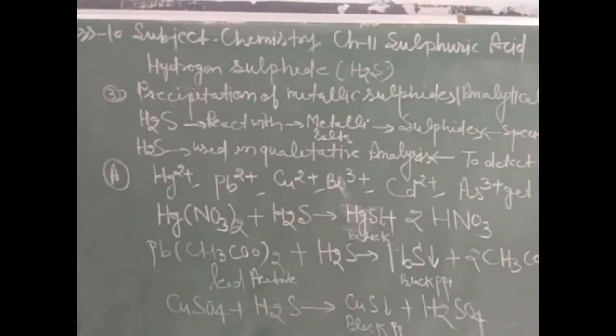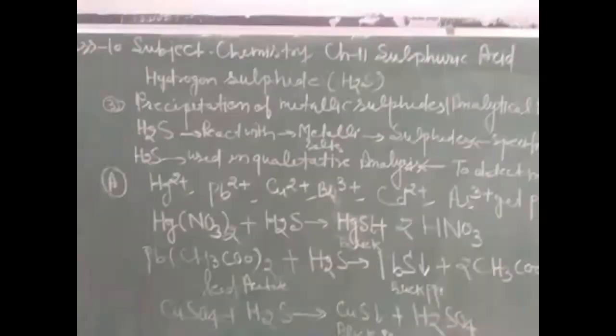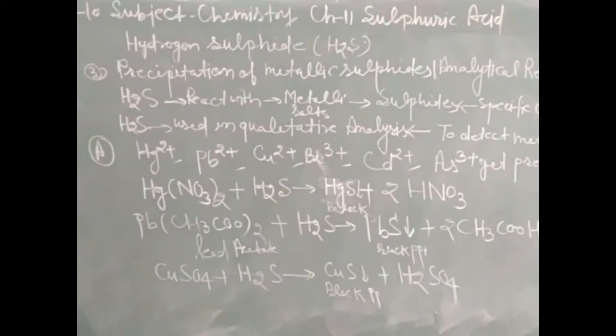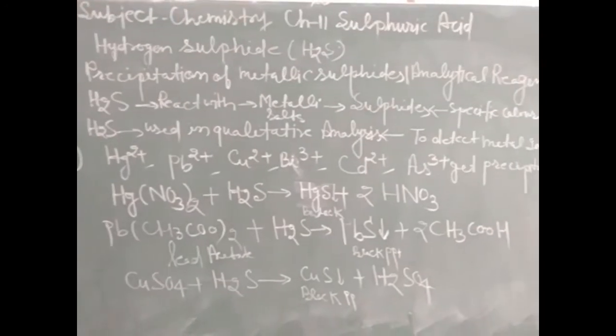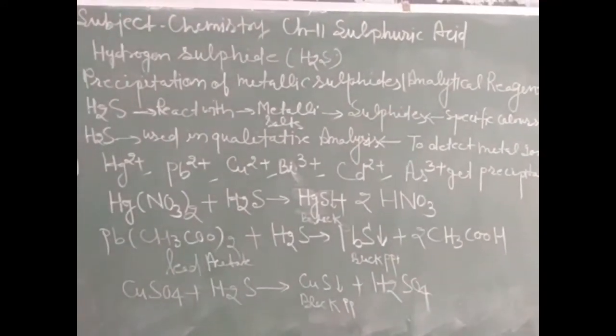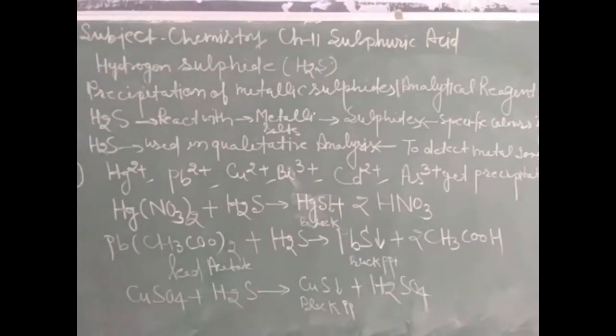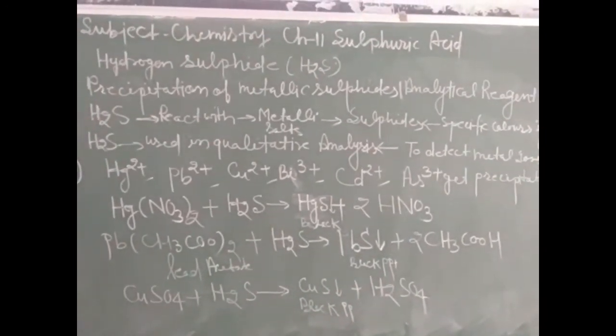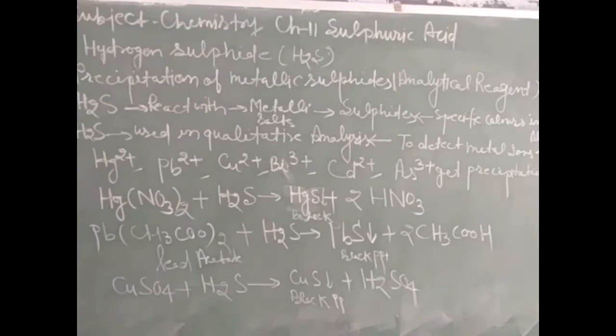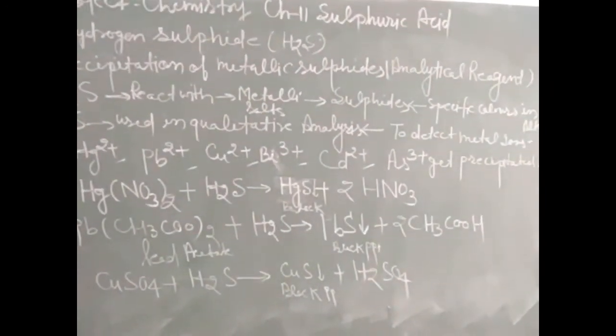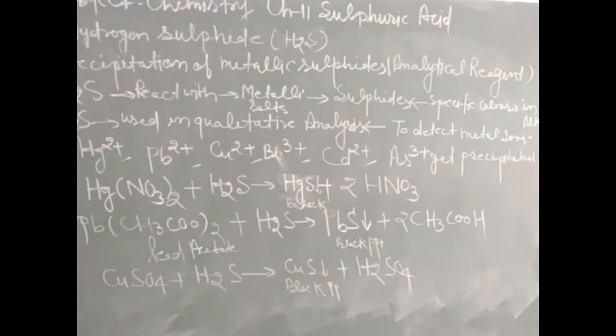Now dear students, we will discuss the third method, that is precipitation of metallic sulfide. This method is also called analytical. In this method hydrogen sulfide acts as an analytical reagent, meaning it is used for analysis or to detect particular metals.